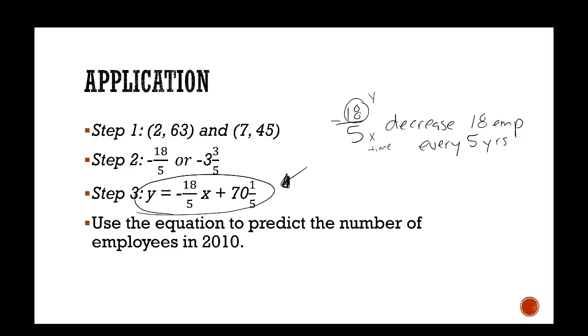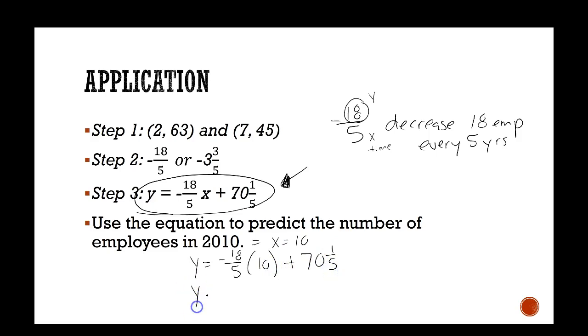Okay, so if I'm trying to do this last one and make a prediction for the number of employees in 2010, I know that that's going to mean my x is 10 because that's 10 years after 2000. So let's go ahead and plug that 10 in here for x.